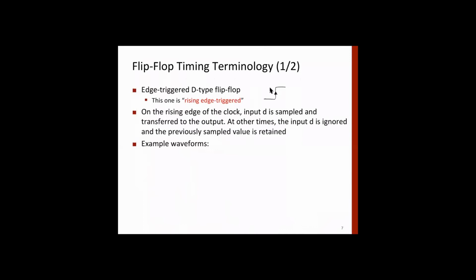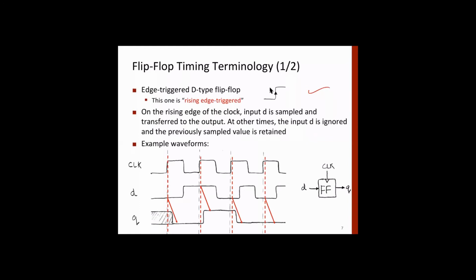This thing we have already seen, that we are using an edge triggered flip-flop. It means that at the rising edge of the clock, input D is sampled. This is the input to the flip-flop, the input D here. Only at the rising edge it is sampled.